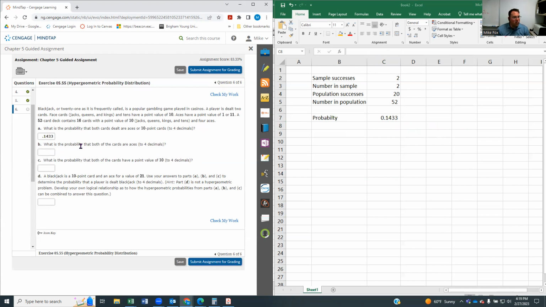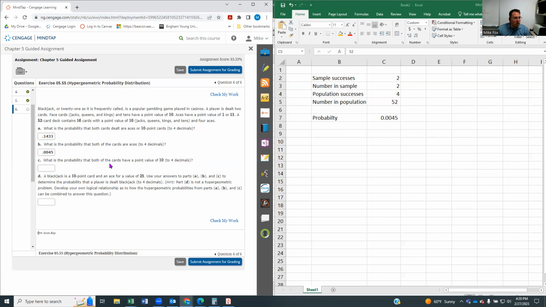Now it says, what is the probability that both of the cards are aces? So here we still have two samples drawing 2 cards and 2 successes, but our population successes drop from 20 down to 4. There's only 4 aces in the whole deck. So you can see that number gets a lot smaller. That probability is 0.0045. So slightly less than half of 1%.